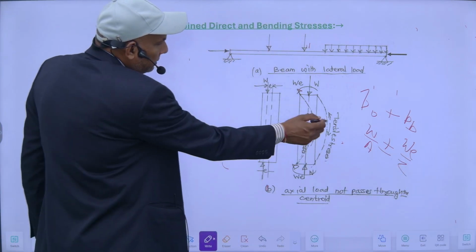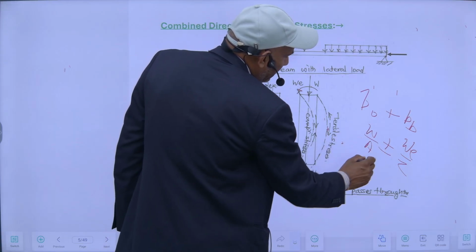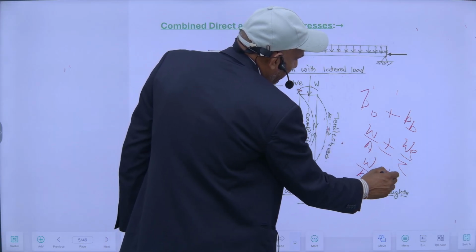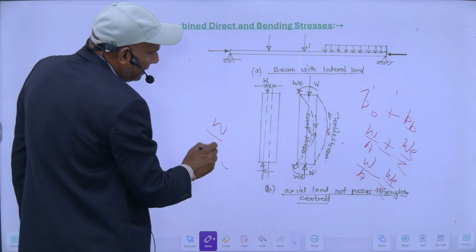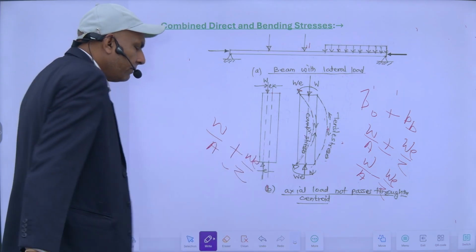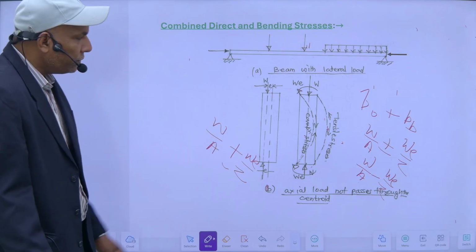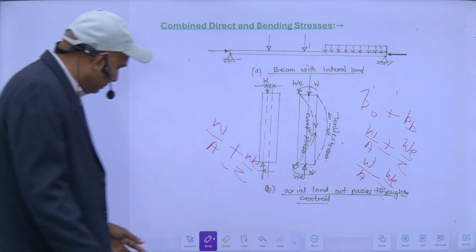On this fiber it will be tensile, so tensile will be considered minus, so it will be WE upon Z, and on this fiber it will be direct stress plus bending stress due to compression. We consider compressive stress as positive and tensile stress as negative.